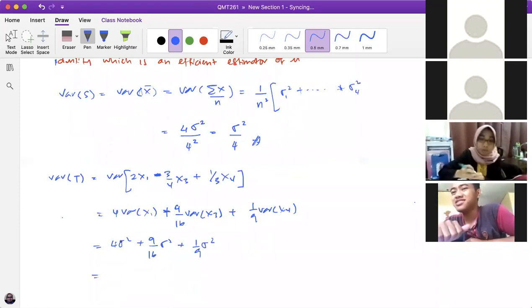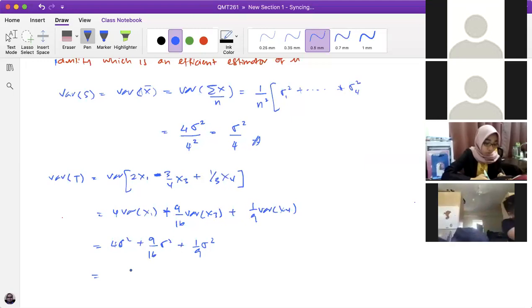So how much? If you solve this, what is the value? 4.6736. In fraction? 673 over 144.